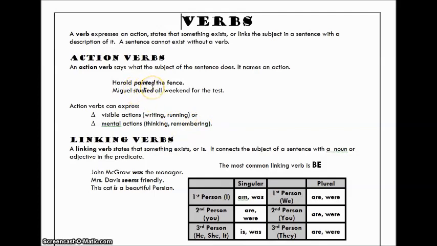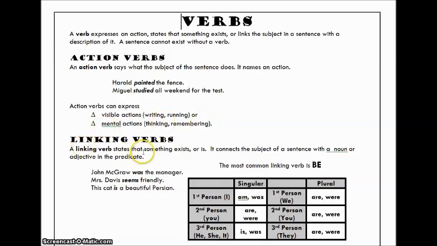Studying is a mental action. Studying means to learn information. So learning is a mental skill, a mental action, not something we can see. Many times students have difficulty confusing mental actions with linking verbs. Just remember that it's something the subject's doing. If it's something you do, then it's an action, whether you can see it or not.